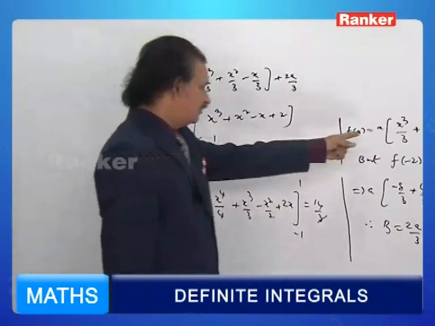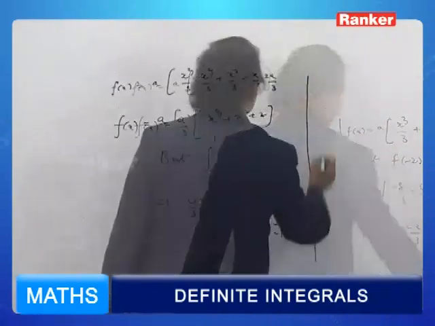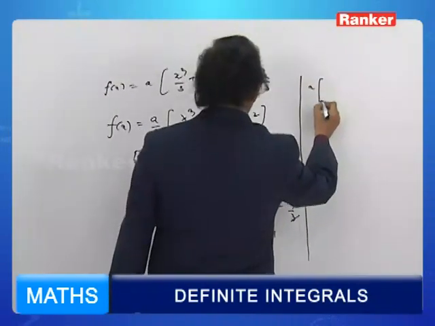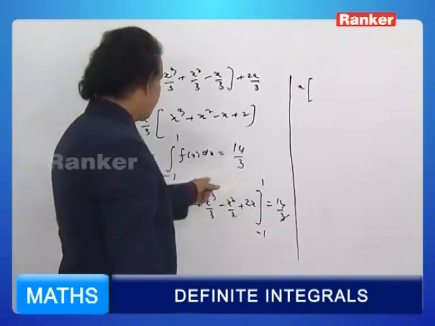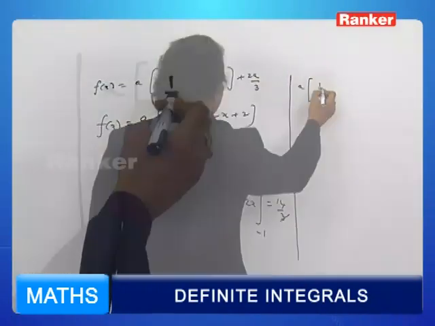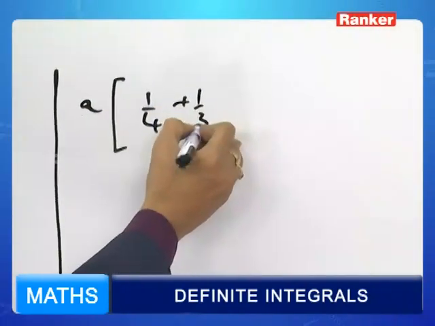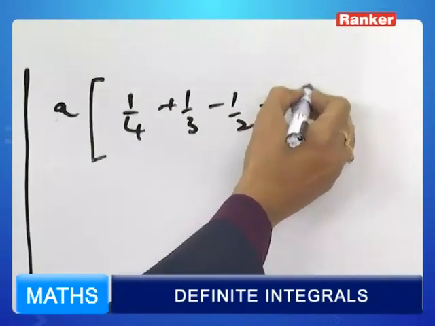Now I remove this part. A into, if you put 1, 1 by 4 plus 1 by 3 minus 1 by 2 plus 2.